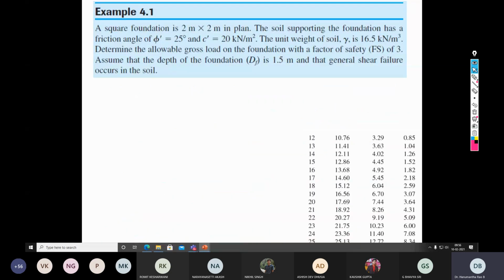Okay, so I now request you all to take a pen, paper and calculator. Let us start the tutorial. What are the concepts that we have discussed on bearing capacity?